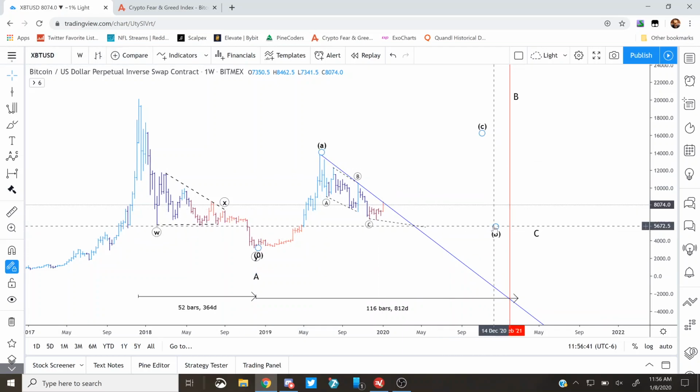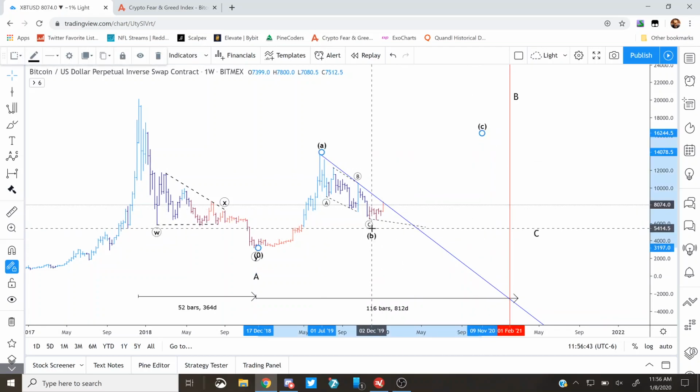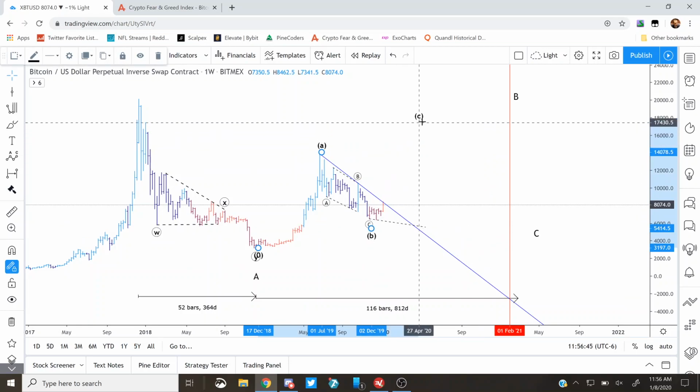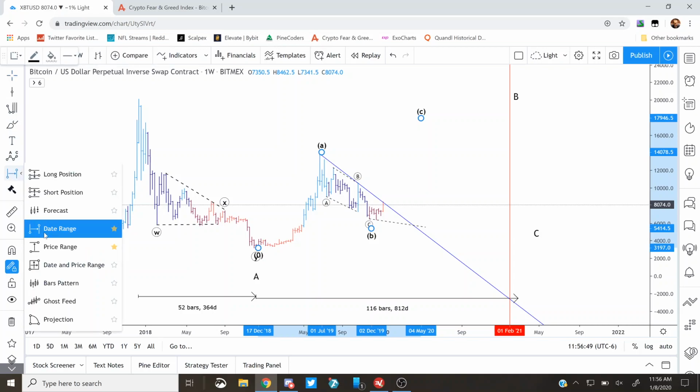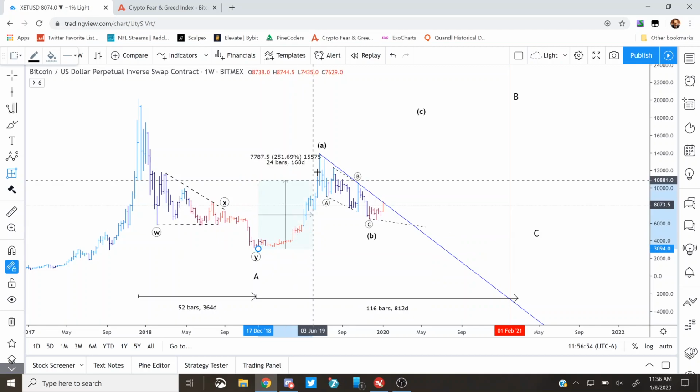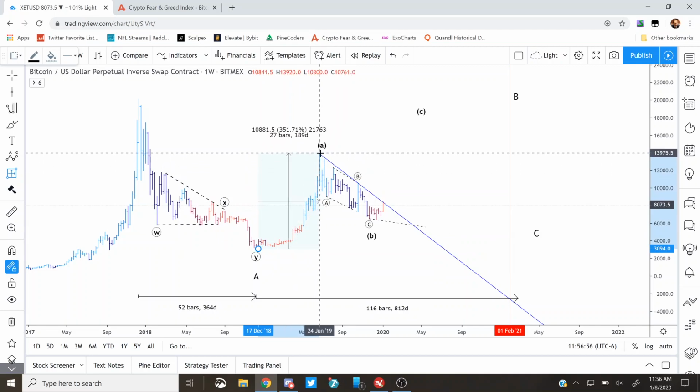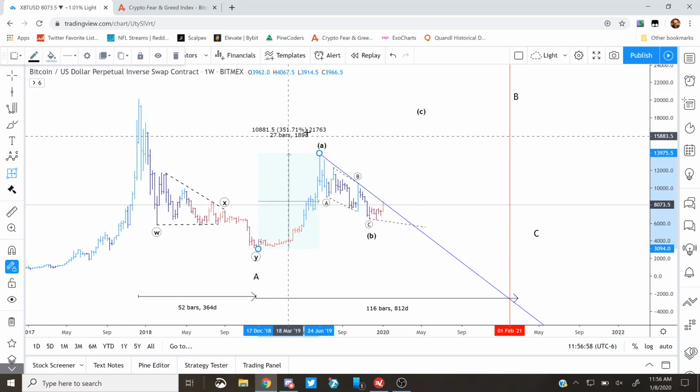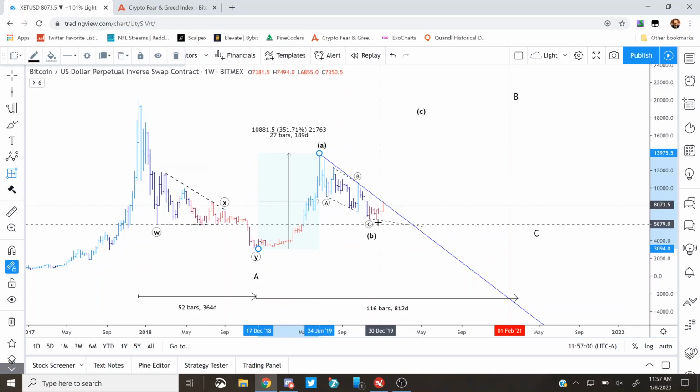So if it is indeed done, we could be looking for something like this, where we move up in a similar percentage fashion and similar time fashion, 350% across 190 days.